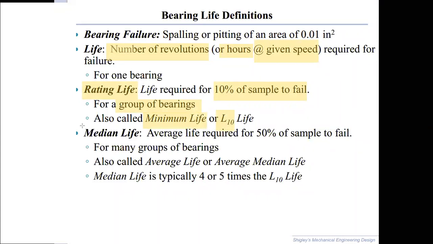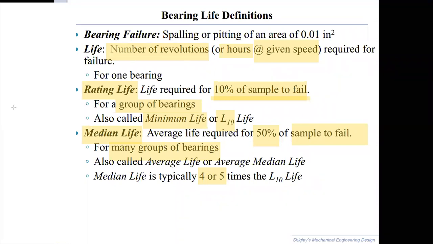Similarly, median life is the average life of a bearing, for which 50% of the sample fails. When you measure median life, you take many groups of bearings, and for those you can find out the median life. This median life is about 4 to 5 times the L10, because for L10 only 10% of the sample needs to fail, but here it is 50% of the sample that would fail.